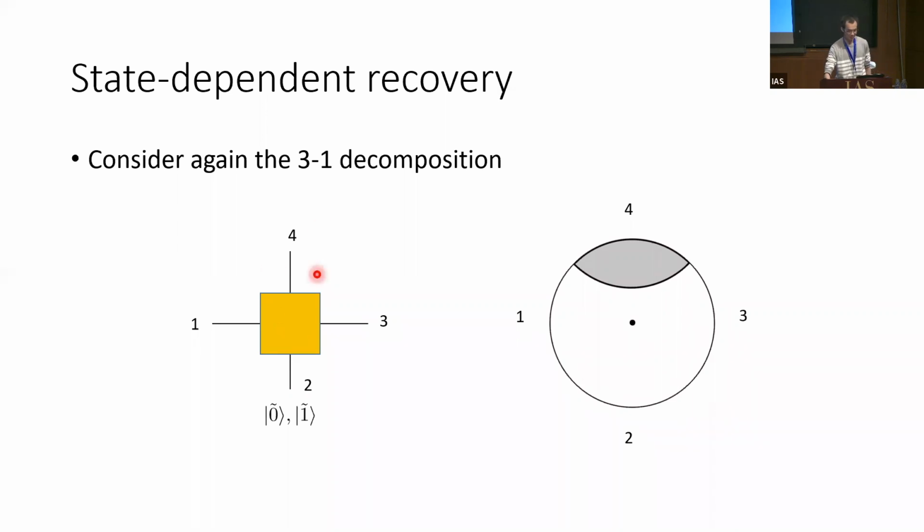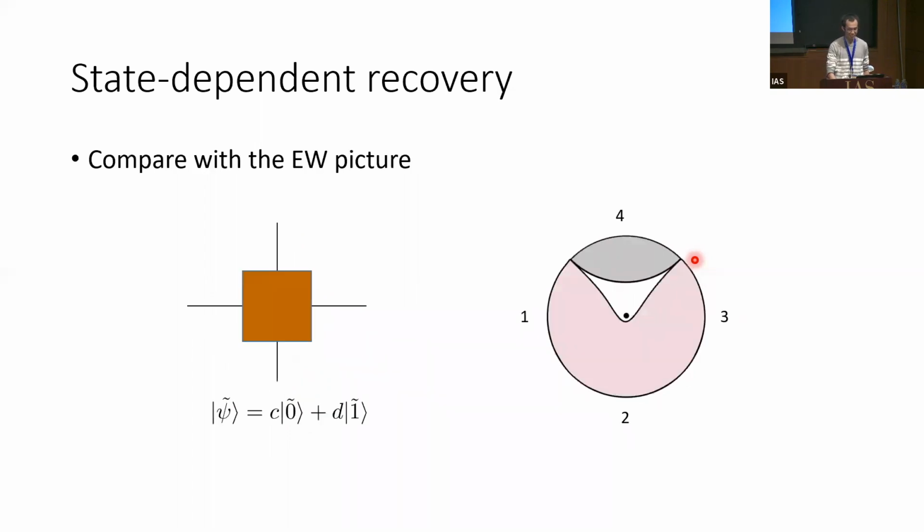So for example, you lose qubit number 4, and then you want to recover the encoded information from qubits 1, 2, and 3. It turns out we can do that exactly. So this is always possible when the state is fixed in these 2, and then you have an analogous picture to recovery in holography when you have a pure state in the bulk, and the recovery is exactly complementary.